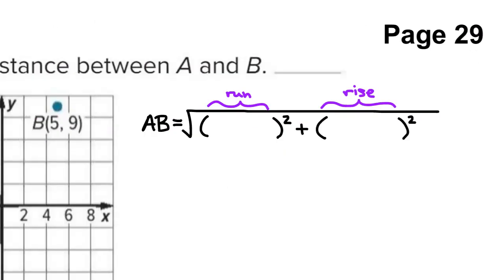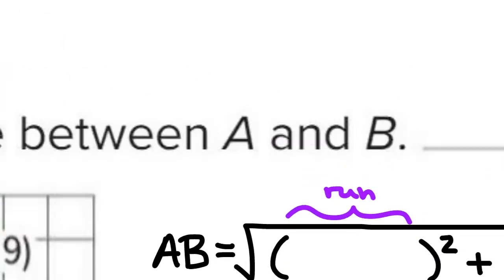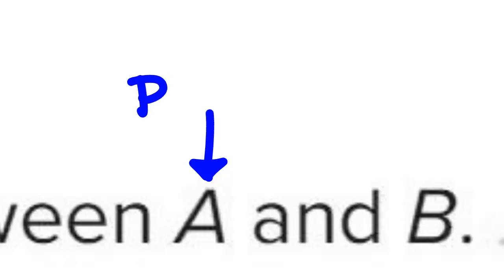We need to pick out which point is going to be point 1 so that I have x1 and y1, and which point is going to be point 2 so that I have x2 and y2. Since they told us the letter A first, are you guys okay with that being point number 1? All right, so here's point 1.